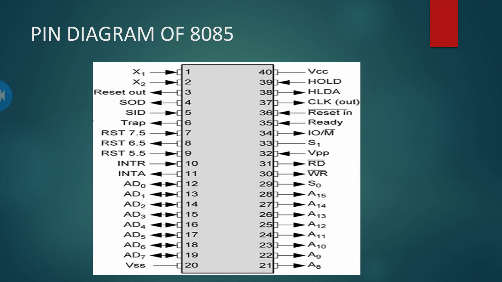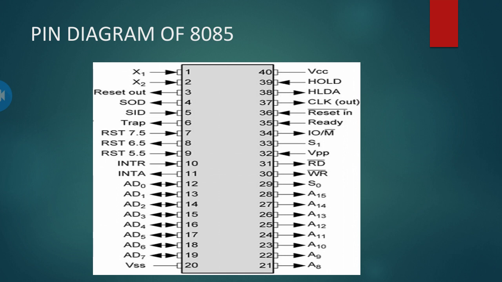So when the value of the ready pin is 1, it means input output devices are ready to send the data. They need the CPU. Only when the ready pin activates does the CPU help the input output devices to transfer the data or whatever they want.